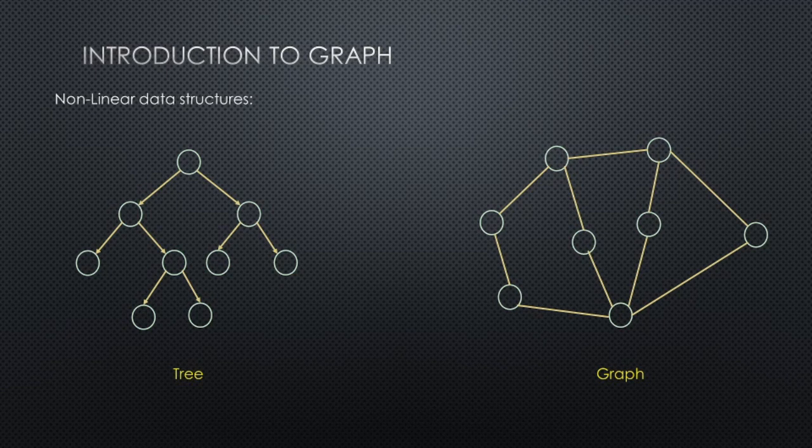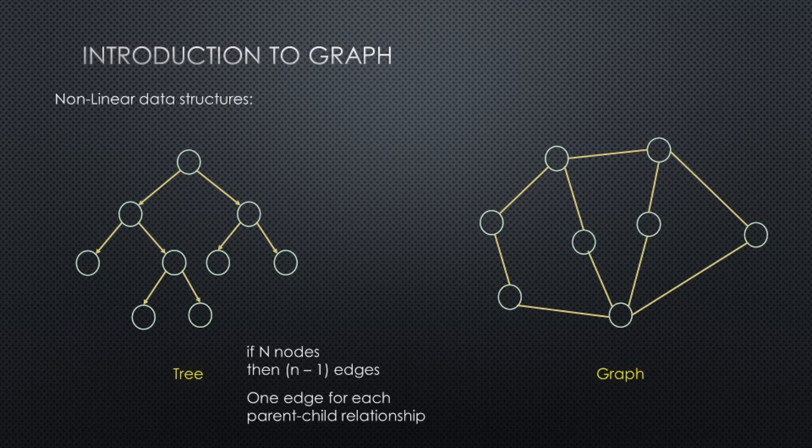In a tree with n nodes, we must have exactly n-1 edges, one edge for each parent-child relationship. As we know, an edge in a tree is for each parent-child relationship, and all nodes in the tree, except for the root node, have exactly one parent.